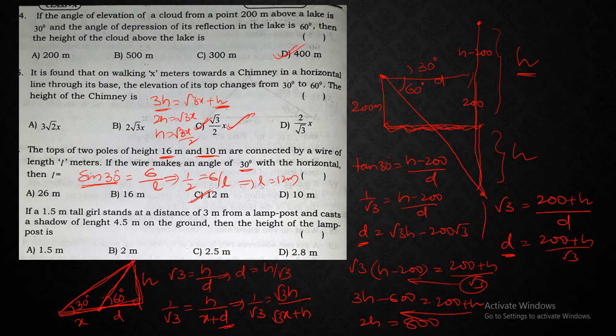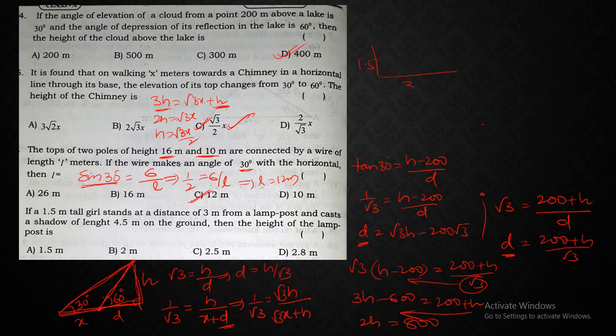So I am going to erase this. So what is the question given? If a 1.5 meter tall girl stands at a distance of 3 meters from a lamppost and casts a shadow of 4.5 meters on the ground, then the height of the lamppost is.